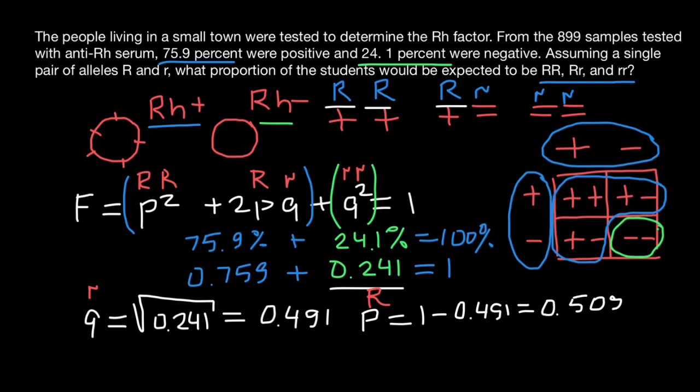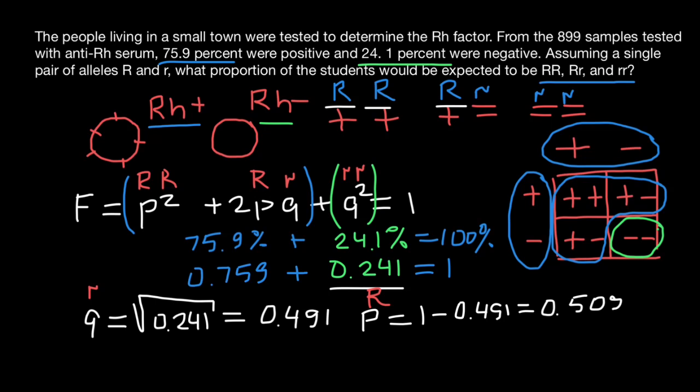One more time, we have only two alleles, p and q, dominant R and recessive r, and only two alleles make three genotypes. So if we know the frequency of the recessive allele, we also know the frequency of the dominant allele, because these two alleles should make 100%, or 1.